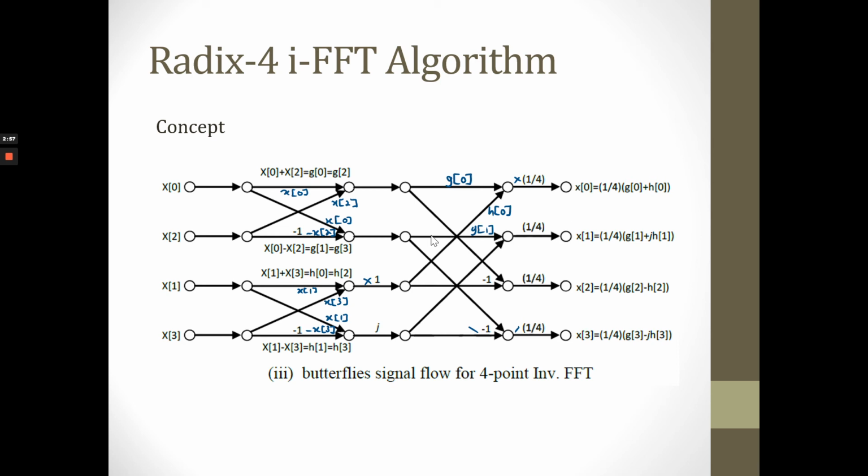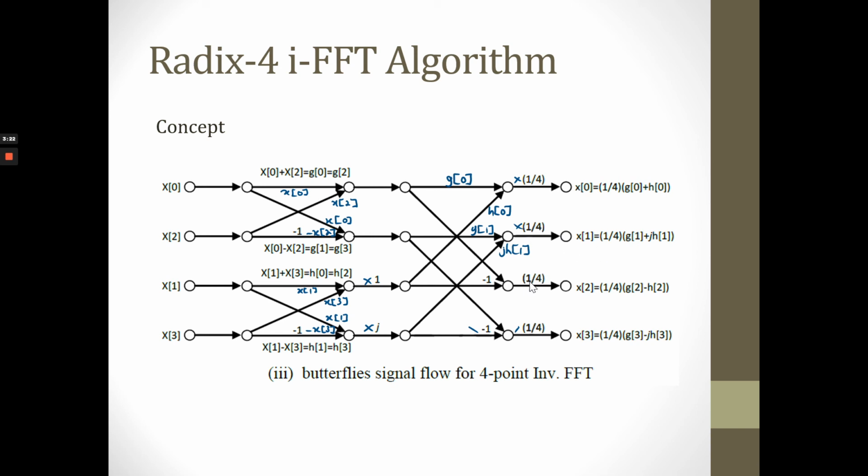So the next one is from this one. Based on this line, we have g1 here, and this one we have h1 that multiplies with j, so we have jh1, so g1 plus jh1 multiplied with 1 over 4, this is x1.